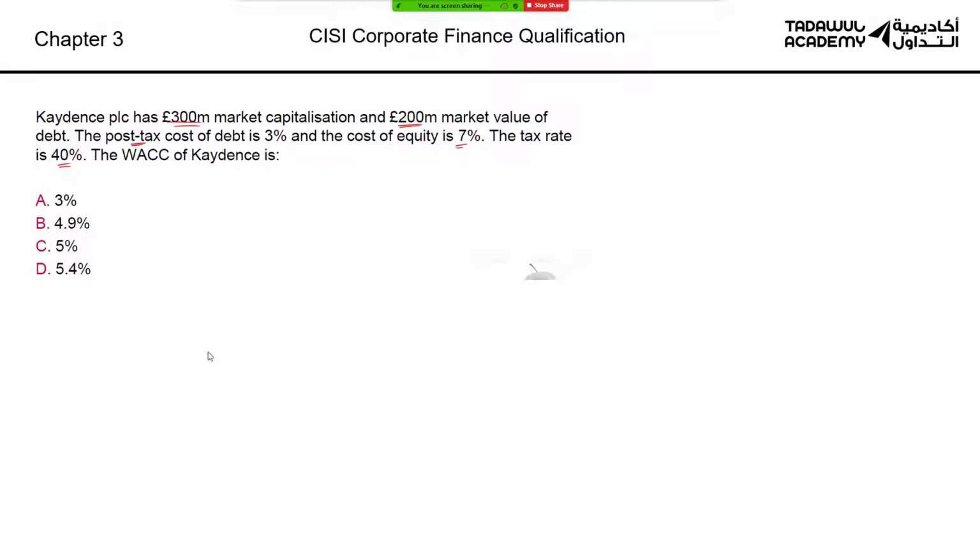Let's calculate it quickly. The weighted average cost of capital equals the cost of debt times 1 minus tax, times the weighting of debt, plus the cost of equity times the weighting of equity.